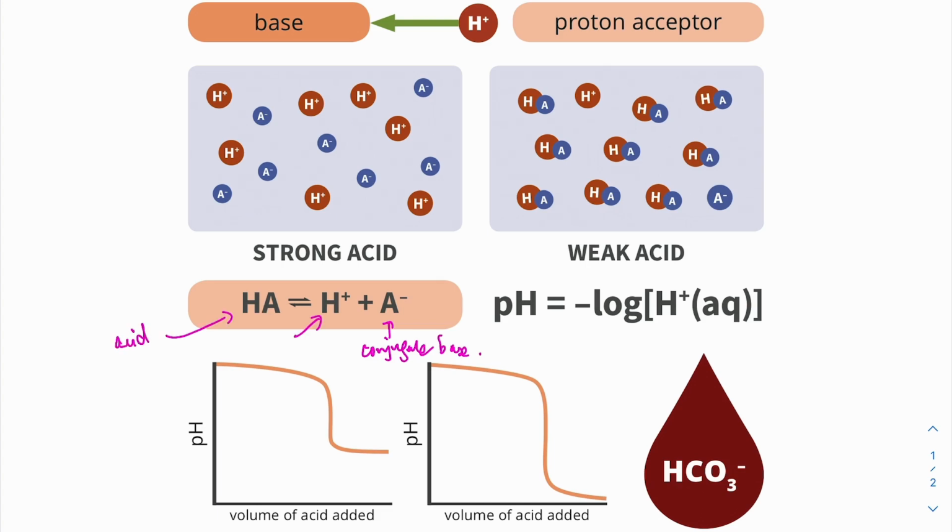The H+ is your conjugate acid. I know it seems funny, but the definition of conjugate base is the species that you get after the acid donates the proton. After the acid gives away the H+, you are left with A-, and that is called the conjugate base. It's a strong acid because you get full or complete dissociation of HA into the ions.